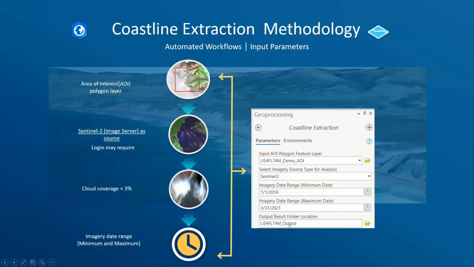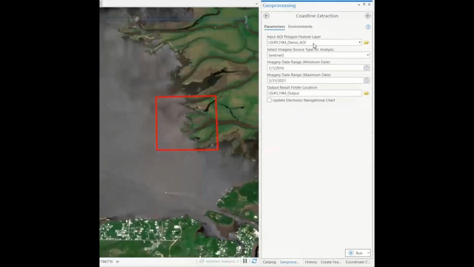And here another parameter is output raster folder location, where the script is going to store intermediate outputs and the final output. With all these valid inputs provided, run the tool. I would like to show you a quick video.